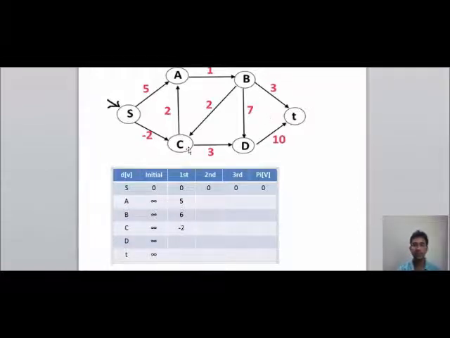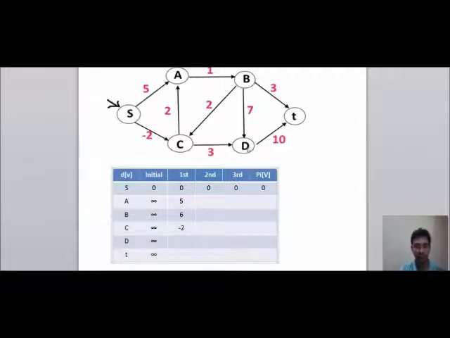As B is connected to C, D, and T, C has the value of -2, and B has the value of 6, and 6 plus 2 is 8. -2 is not greater than 8, so we can stick with our first iteration answer, which is -2.